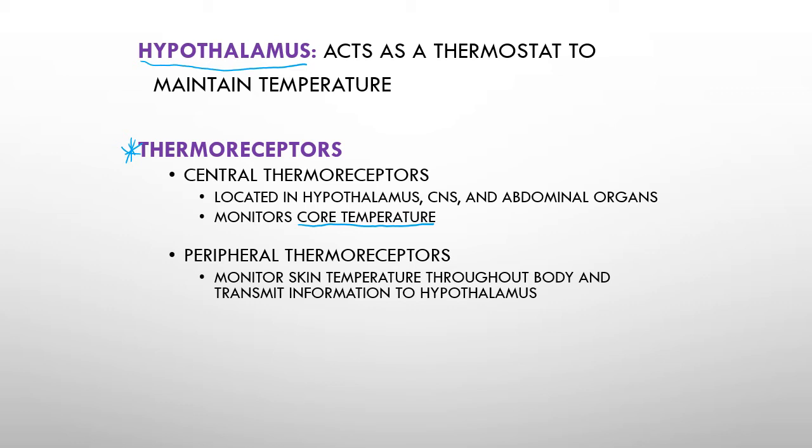And then we also have peripheral receptors. We have peripheral thermoreceptors that are simply on the surface of the skin. So when you touch something, you can feel whether it's warmer or cooler than your skin temperature. As I touch my table here, I can feel that it's slightly cooler than my body temperature. But the area where I was already touching actually feels warmer, especially if I get in between where I was touching and where I wasn't.